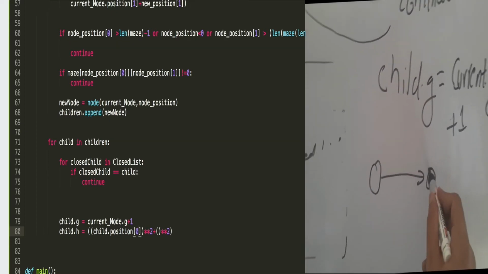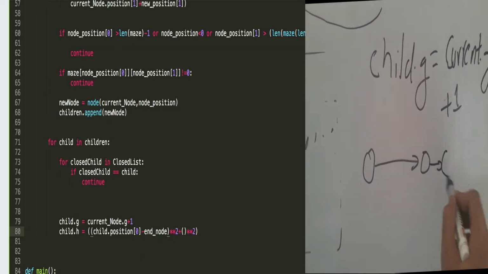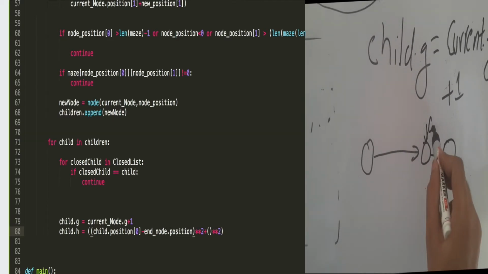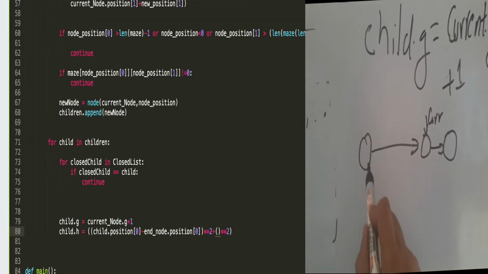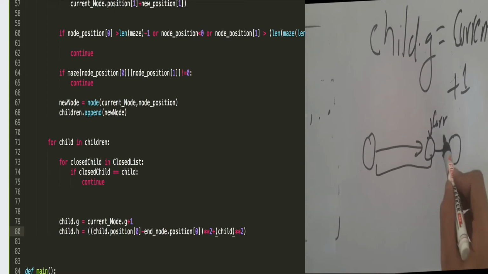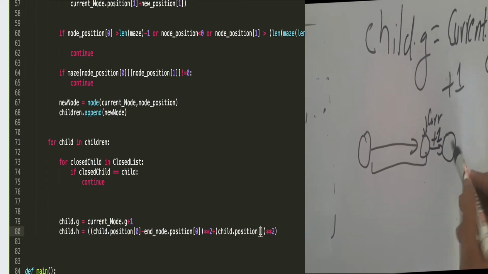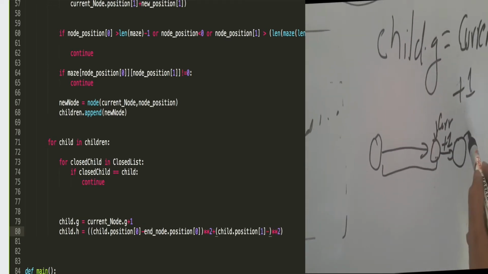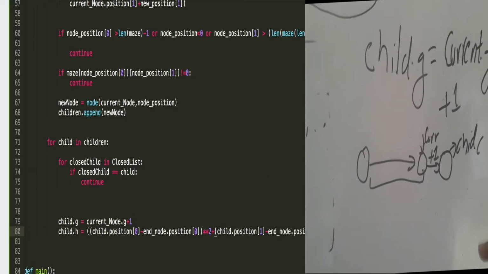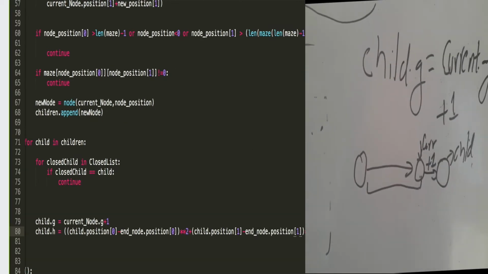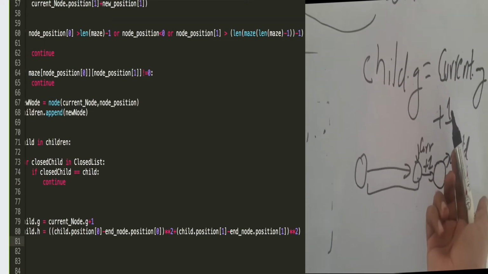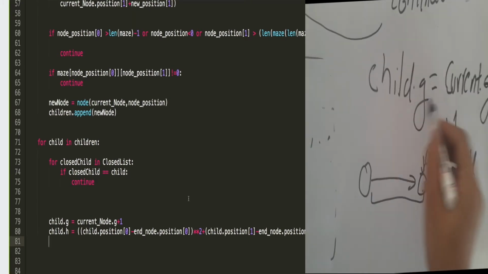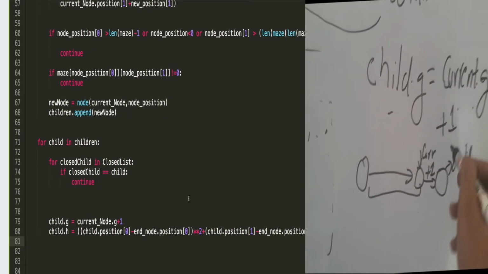In this case we have the child node, which will be one after the current node. So this is the total g we have traveled, and then we add 1 for our child. So this is how we calculate it: child.g is equal to current.g plus 1.